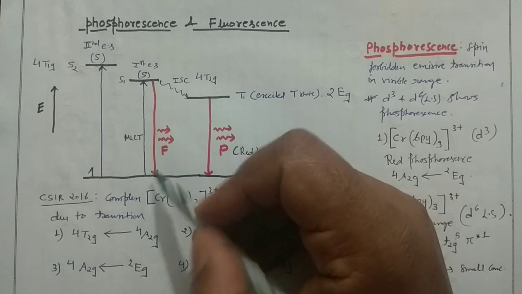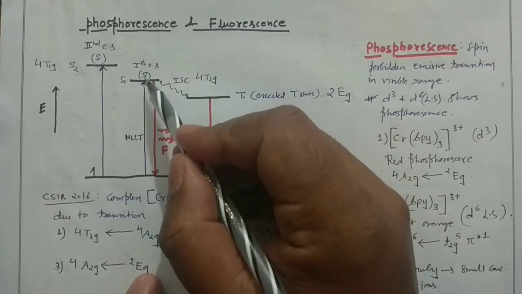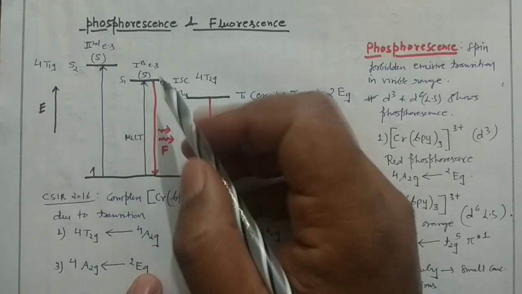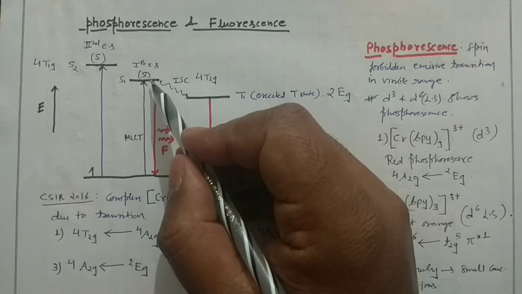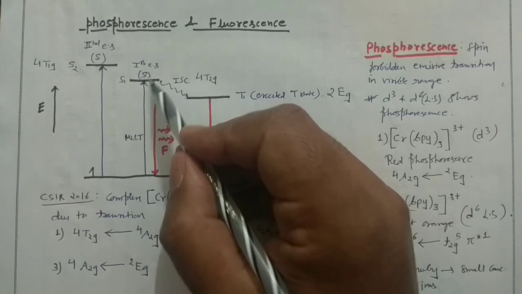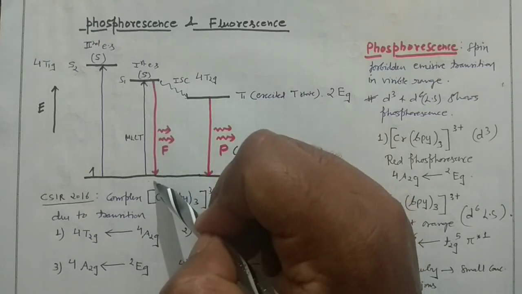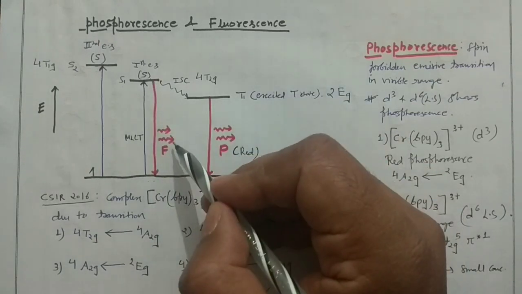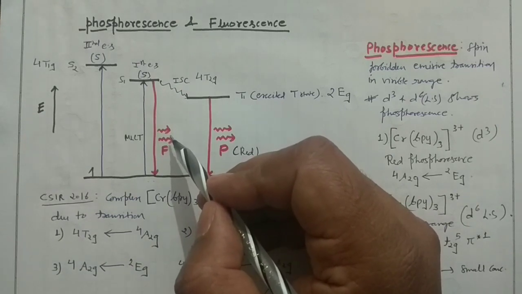Say your electron is promoted to the first excited state. Since excited states are unstable, after spending a short time here, this electron will fall down to the ground state, okay. When it falls down to the ground state, it will emit some radiation, and this radiation falls in the visible region of light, okay.